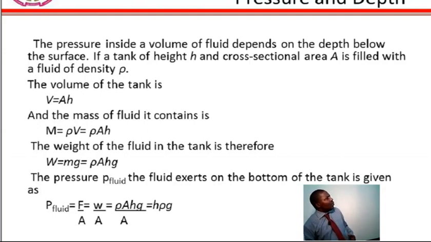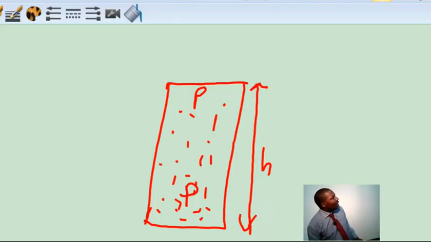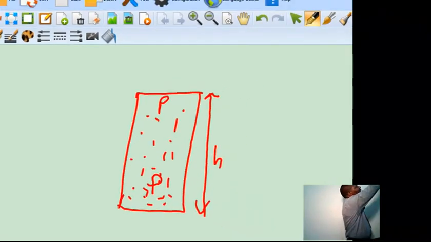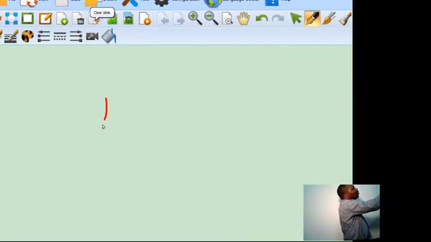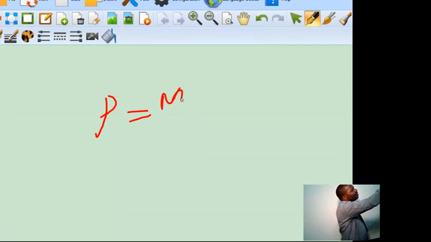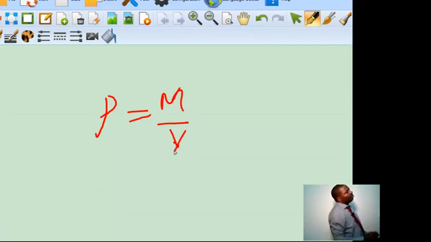And the mass of the fluid it contains is given mathematically as m equals rho times V. That has to do with density times volume. Now, density, given as rho, is usually defined as mass per unit volume.